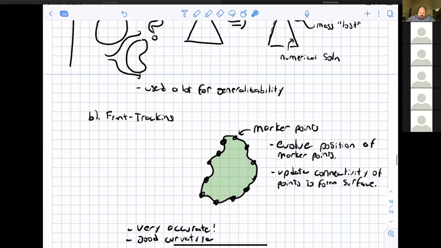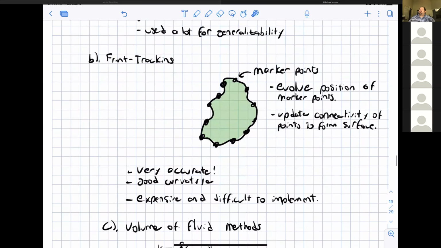Okay, and another method that's not used very often. There are a couple groups that use this, but it's called front tracking. Where level set methods evolve an interface, what front tracking does is you have this generic little blobby thing, and then you seed the surface with a bunch of marker points.